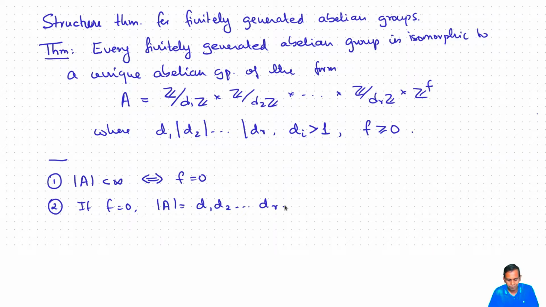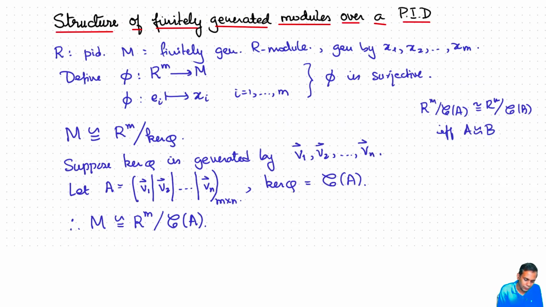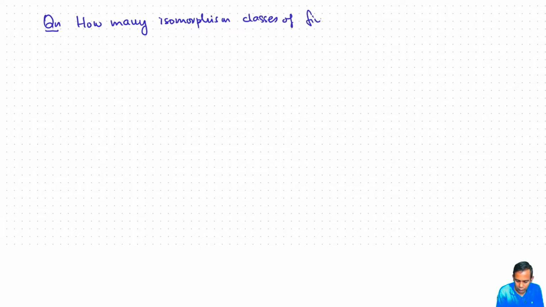You can ask, for example, how many isomorphism classes of finite abelian groups of order 12 are there? How do we solve this problem?